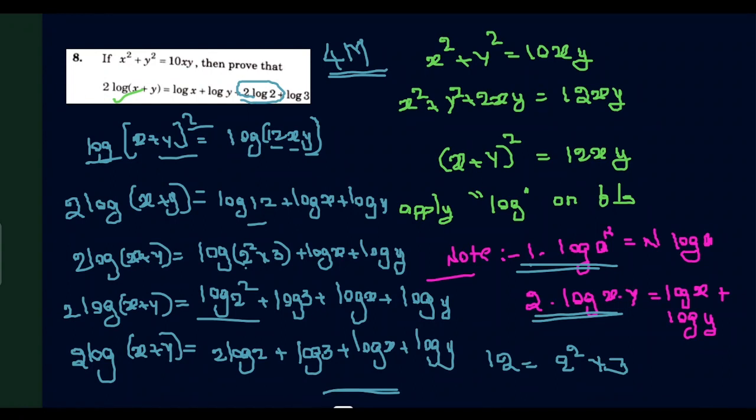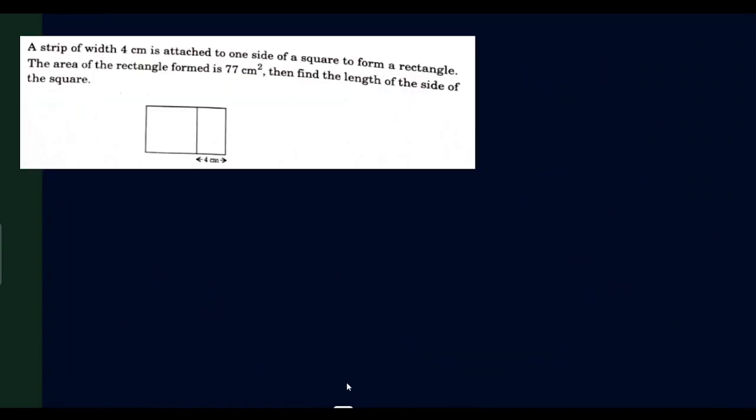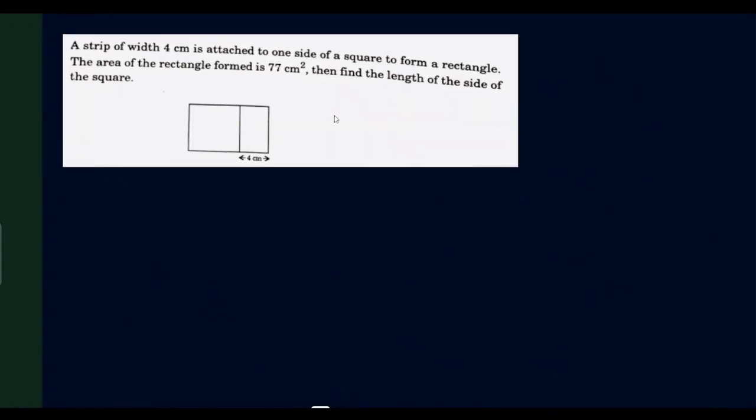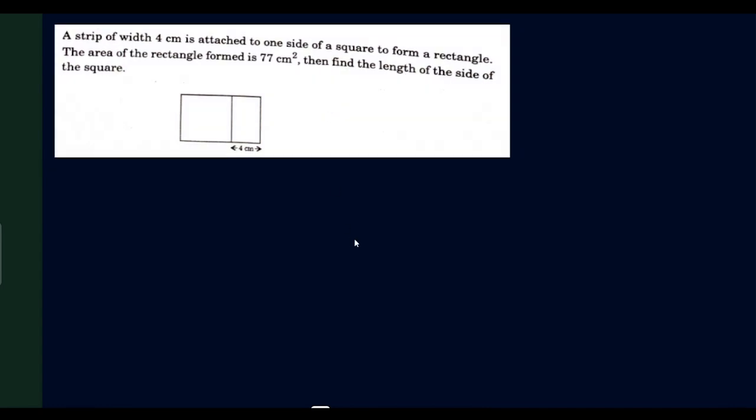Now let's see the next question. Here they have given a diagram and say that a strip of width 4 centimeter is attached to one side of the square to form a rectangle, and the area of the rectangle is also given, that is 77 centimeters square. Now we have to find the length of the side of the square. Got it?